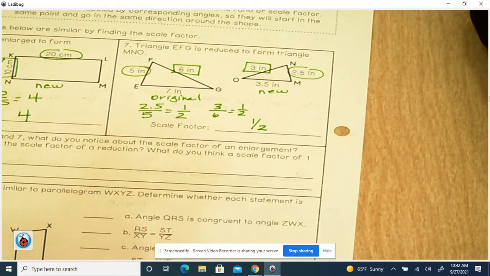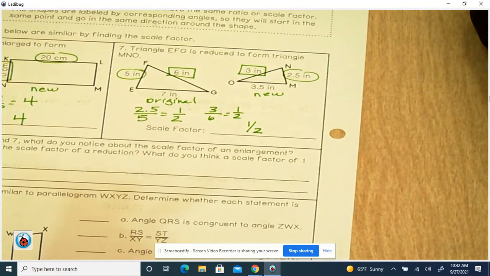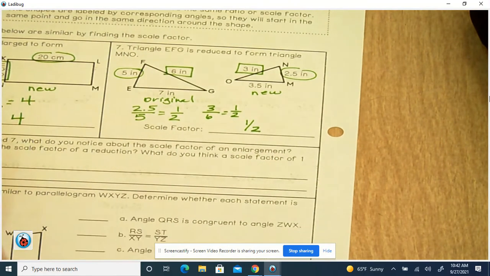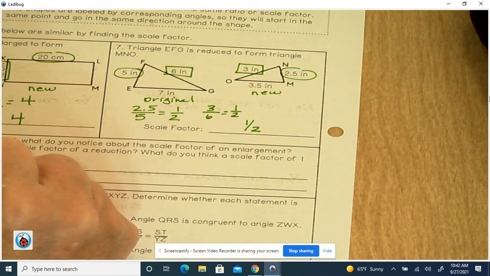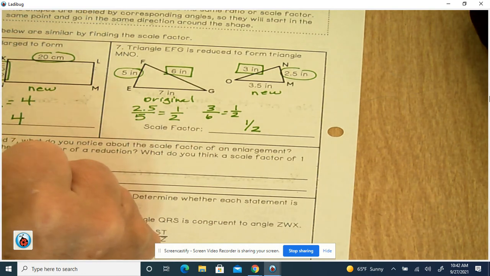Based on questions 6 and 7, what do you notice about the scale factor of an enlargement? So if the scale factor is greater than 1, it enlarges the figure.